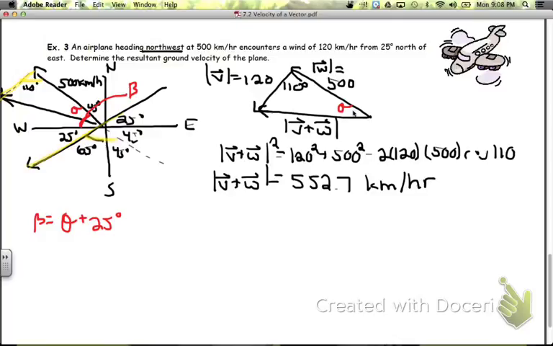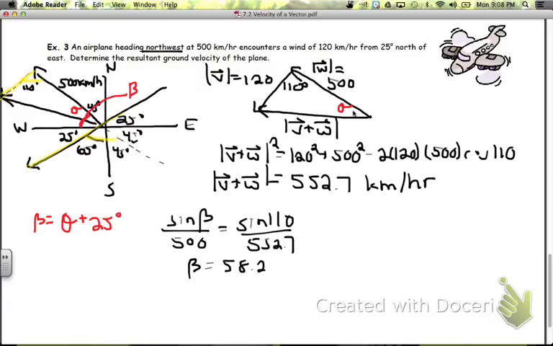So we can go ahead and solve for that. Using our sine law, sine beta over 500 is equal to sine 110 over 552.7. And therefore we get that beta is equal to 58.2 degrees. So theta is equal to 58.2 minus 25, which is equal to 33.2 degrees north of east.